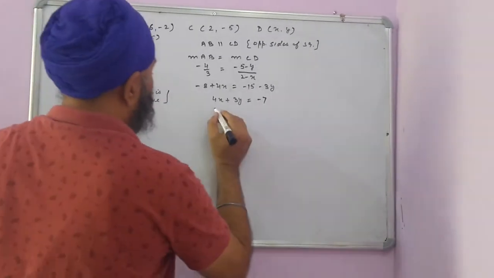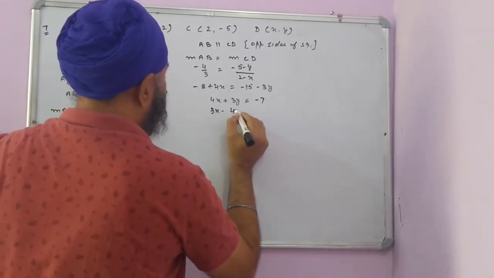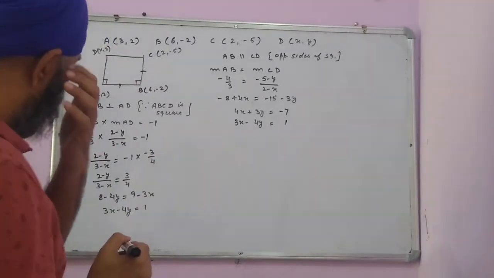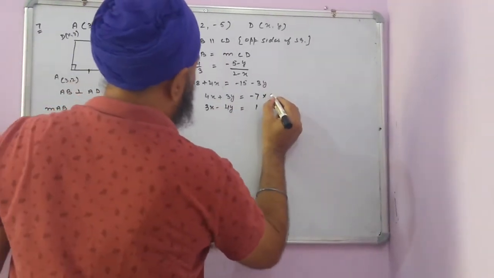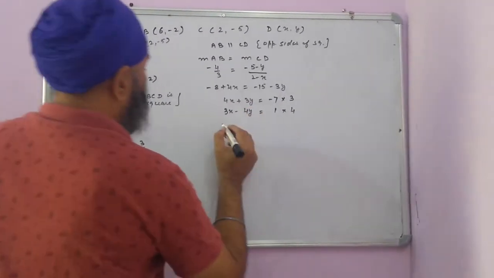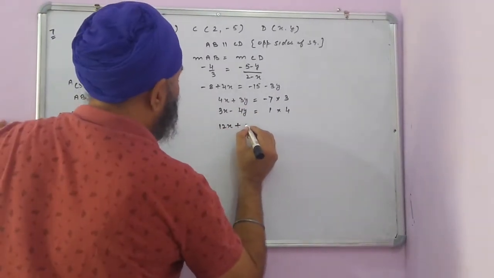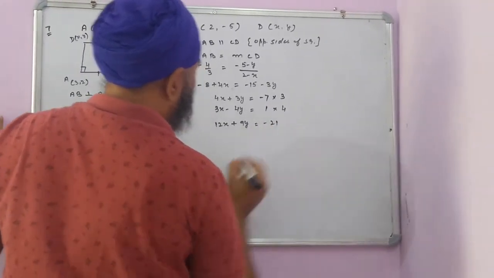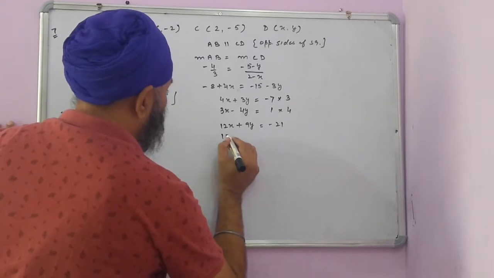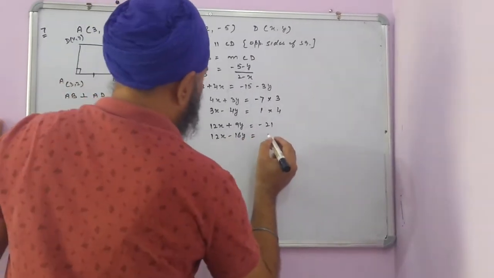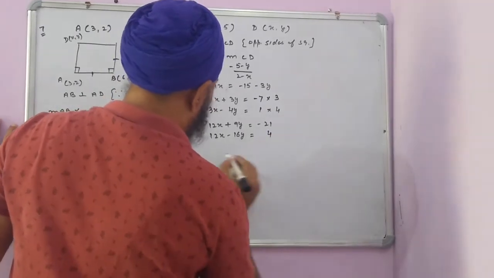First equation was 3x minus 4y is equal to 1. Then multiply this with 3, this with 4, and solve them simultaneously. It is 12x plus 9y is equal to minus 21, and 12x minus 16y is equal to 4 into 1, that is 4.